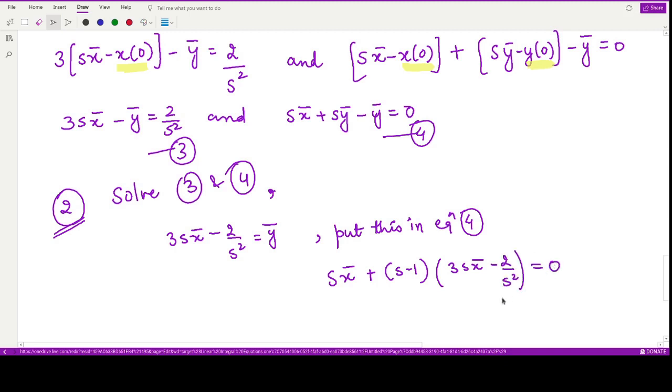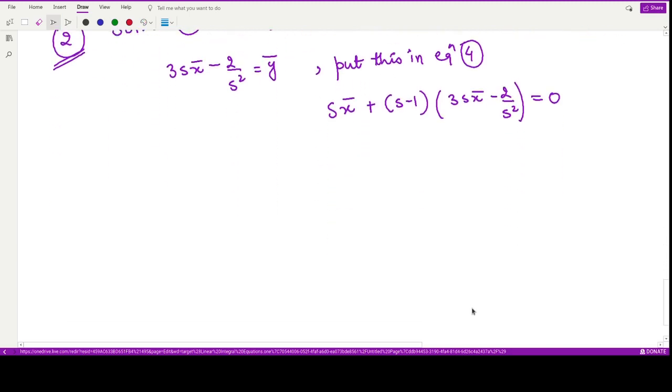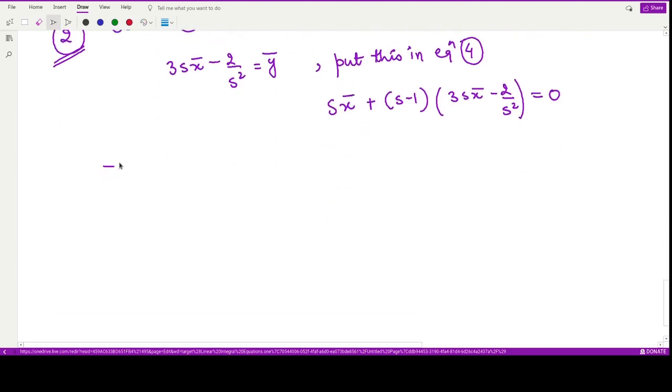So now we can simplify this and we can calculate the value of x bar from here. So let's do this. So this will be s x bar minus (3s minus 1) into x bar minus (2s minus 1)/s² is equal to 0.